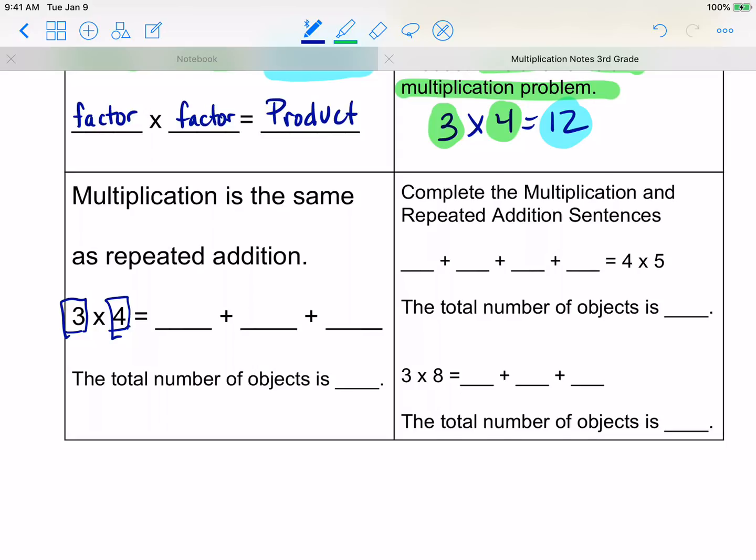So we would have 3 groups of 4, so we're adding 4 together 3 times. And the total number of objects would be 12 because 4 plus 4 is 8, 8 plus 4 is 12. So the total number of objects is 12. Everyone needs to fill that in on your sheet. Push pause.